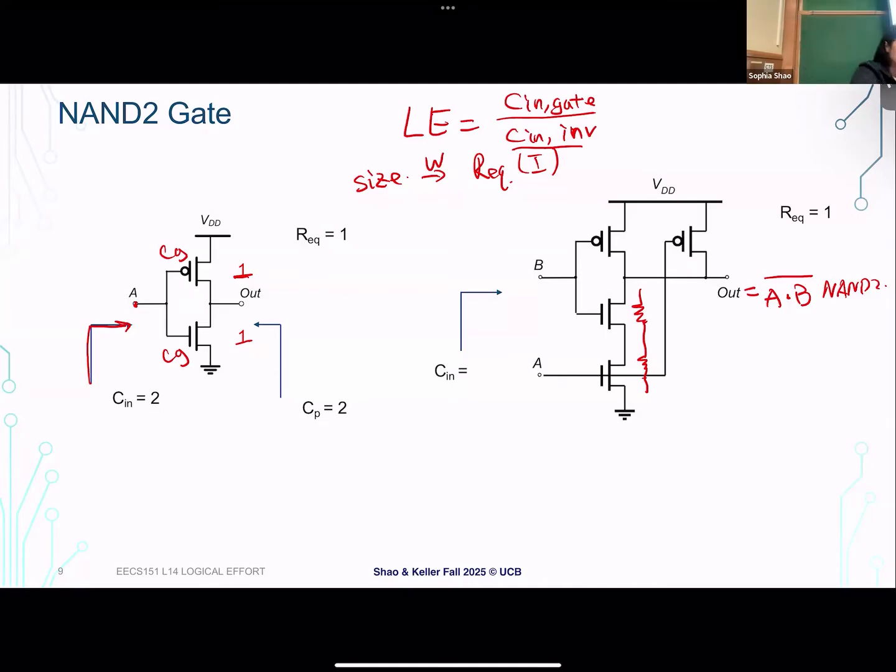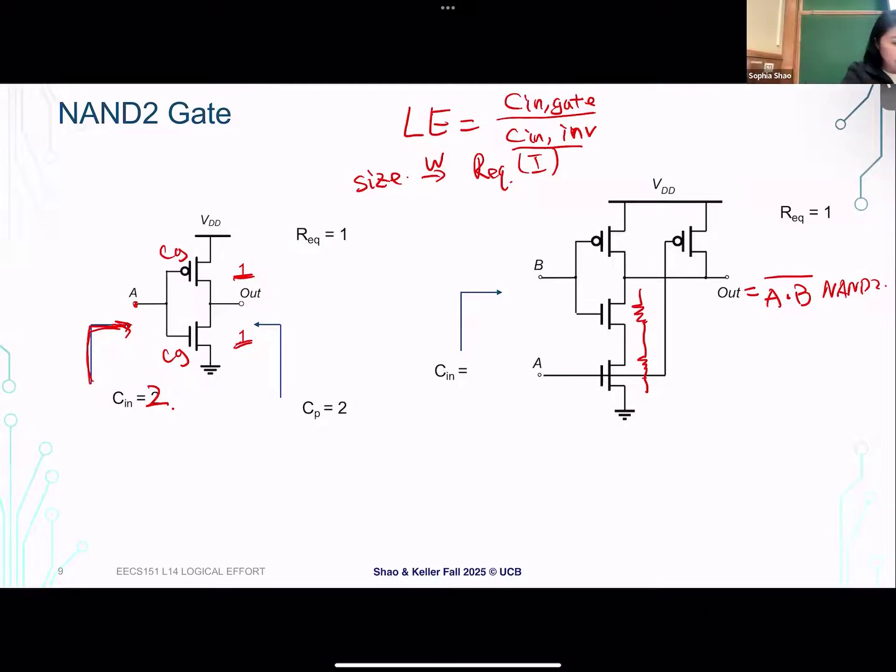So the input capacitance, looking from the input, is, like we talked about earlier, the sum of both the PMOS gate capacitance and NMOS gate capacitance. Everything is sized at 1 here. So input capacitance is the sum of the gate capacitances. It's just 2 in this discussion. Does that make sense for the input capacitance of the inverter?